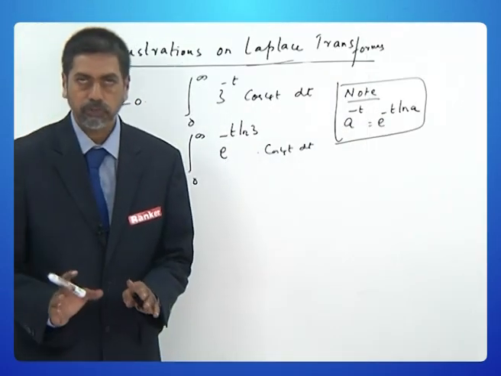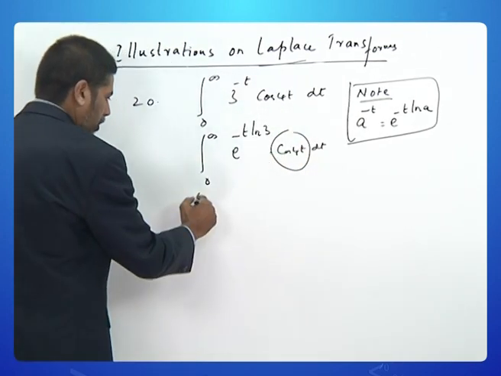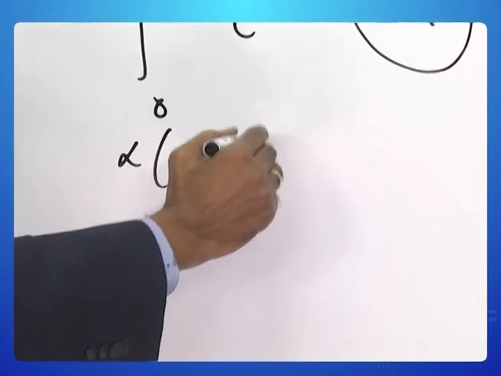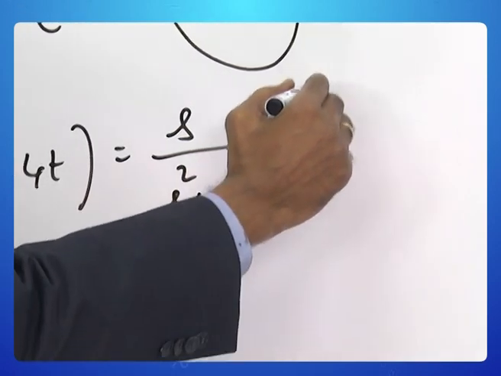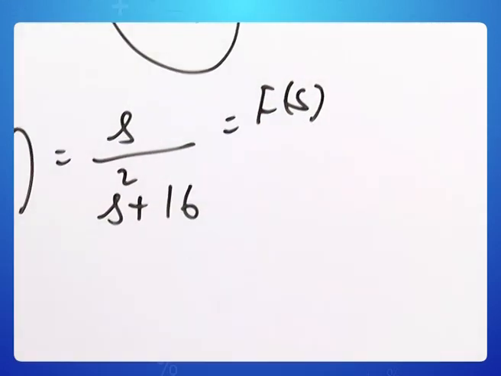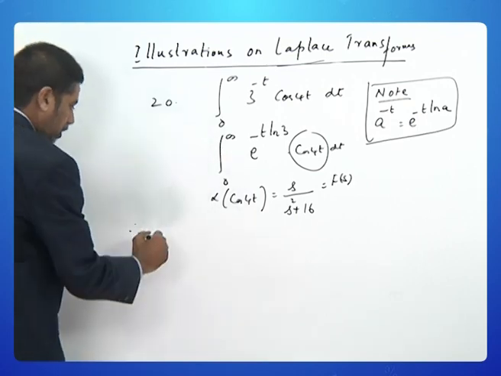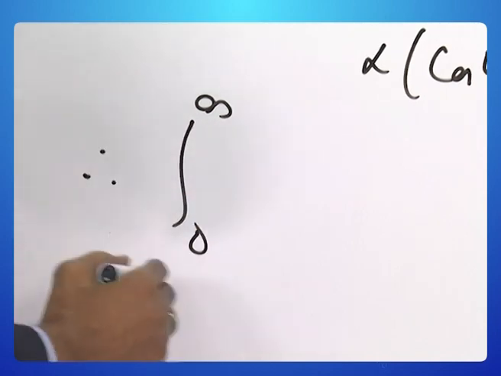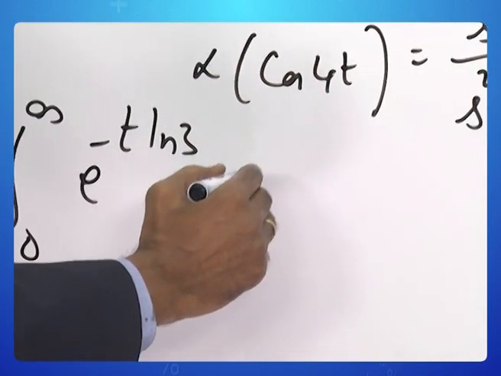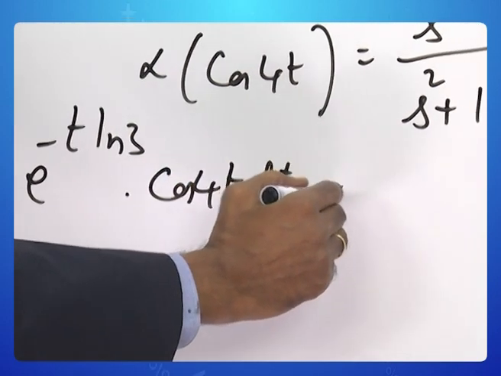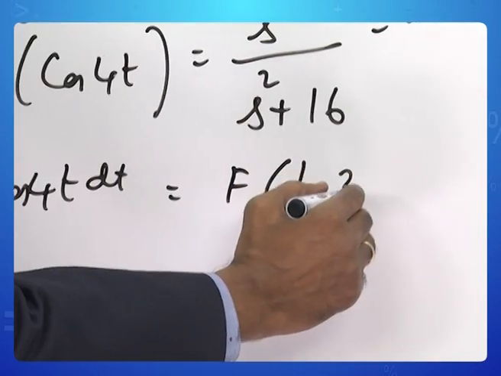So what's the approach? You first find the transform of this. Laplace of cos 4t is s by s square plus 16. Call this f of s. Therefore, integral 0 to infinity e power minus t log 3 into cos 4t dt will be f of log 3.